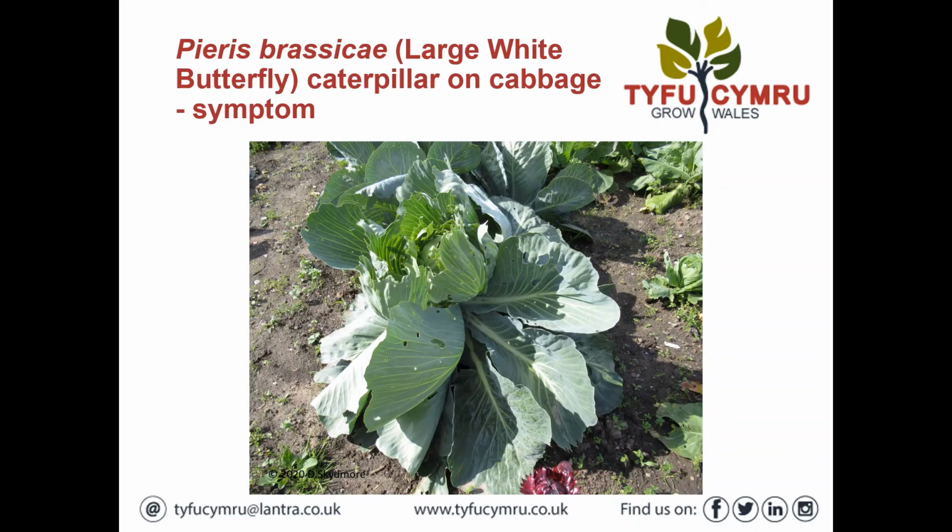You're probably all familiar with caterpillar damage. This is caused by the large white butterfly, one of a number of species commonly called the cabbage whites. And you can see the holes in the leaves here on the cabbage caused by the caterpillar.